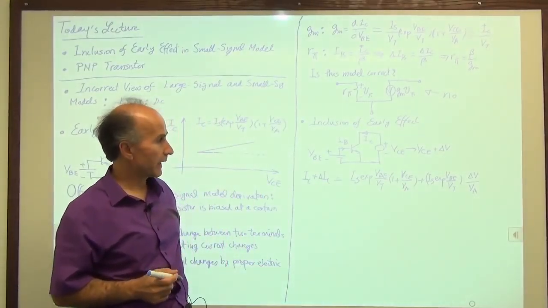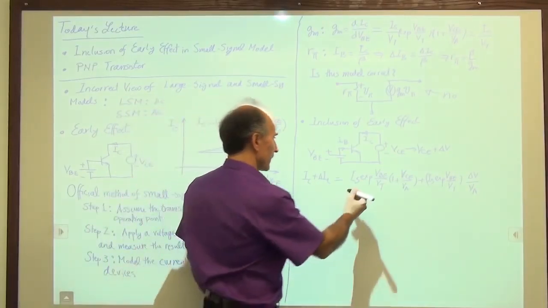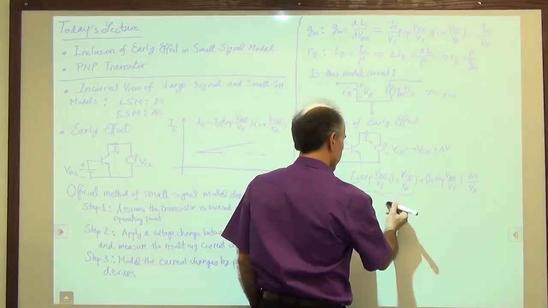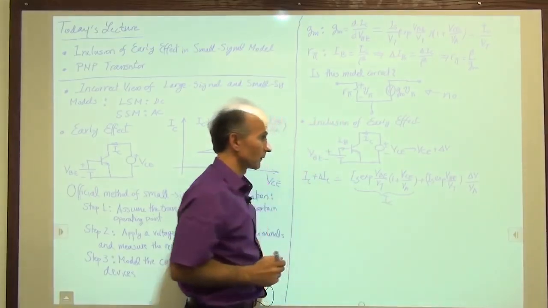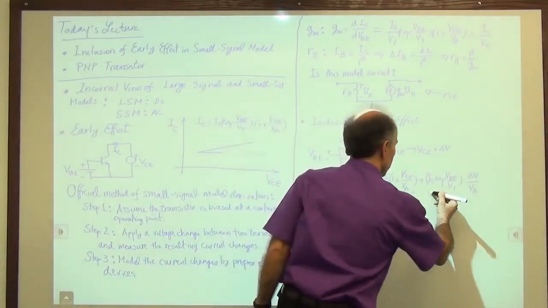Okay, so what can we recognize here? Well, this is the original IC, so that's not surprising, right? And this is delta IC.